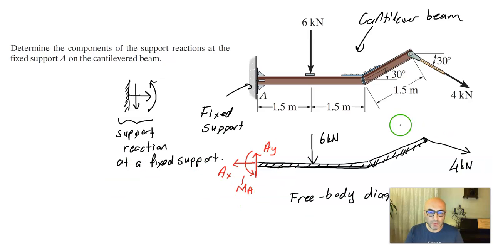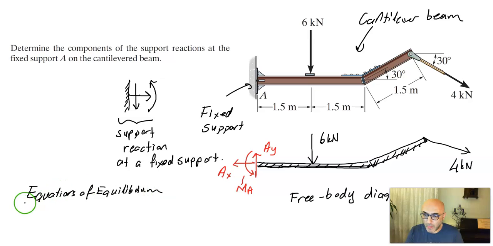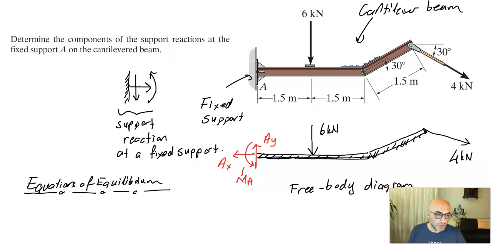Okay, so for this free body diagram, we need to have an equilibrium for this particular system. So we need to write equations of equilibrium here.